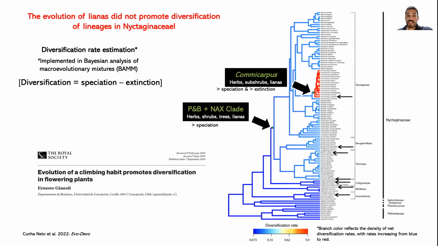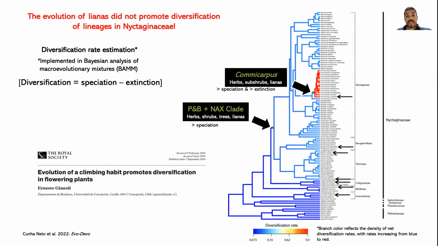So we found that the evolution of lianas or the climbing habit did not promote diversification of lineages in Nyctaginaceae. So here we performed a diversification rate estimation as implemented in the Bayesian analysis of macroevolutionary mixtures, BAMM.